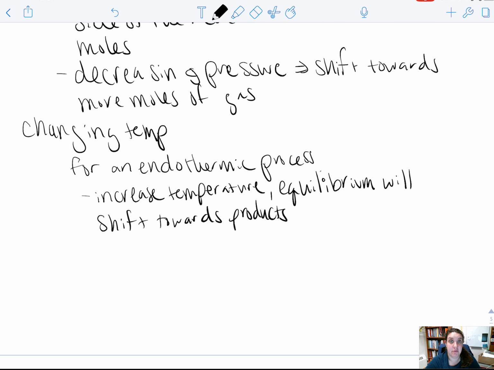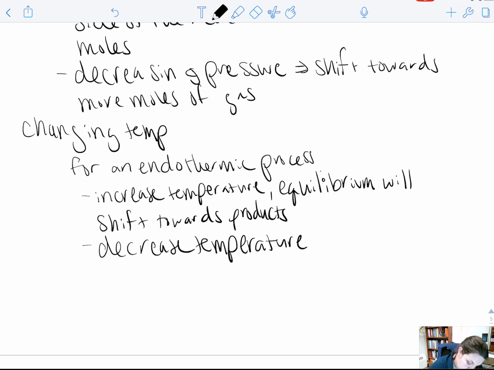That's because heat is considered a reactant, right? So as you increase, you're going to shift away from the reactant towards the product. And then decrease temperature, shift towards reactants.